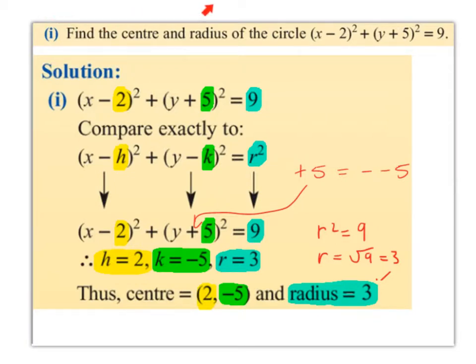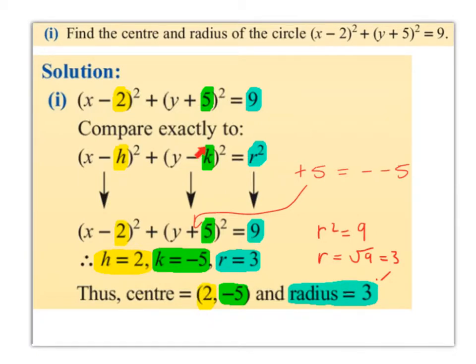Find the centre and radius of the circle (x - 2) squared plus (y + 5) squared equals 9. We compare it exactly to our general equation, which is (x - h) squared plus (y - k) squared equals r squared. So we see that h is equal to 2, so the x value of our centre is 2.